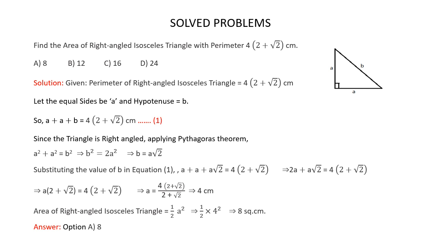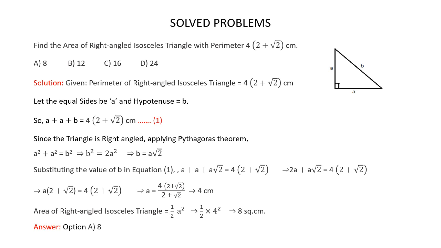Now it's given that the perimeter of the right-angled isosceles triangle is 4 multiplied by 2 plus root 2 centimeters. Now this is a right-angled isosceles triangle.